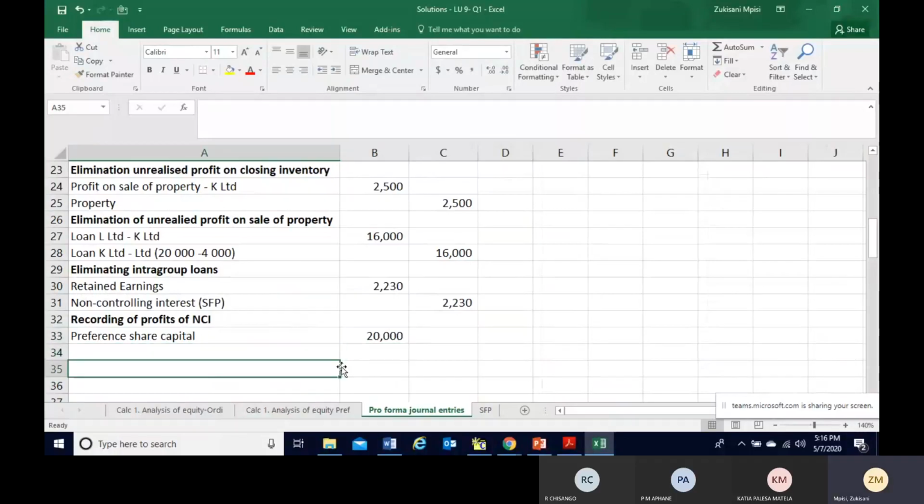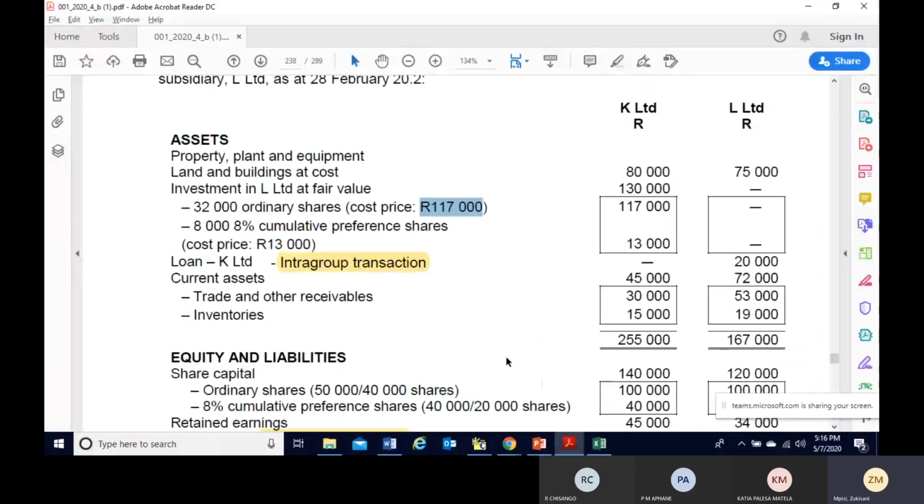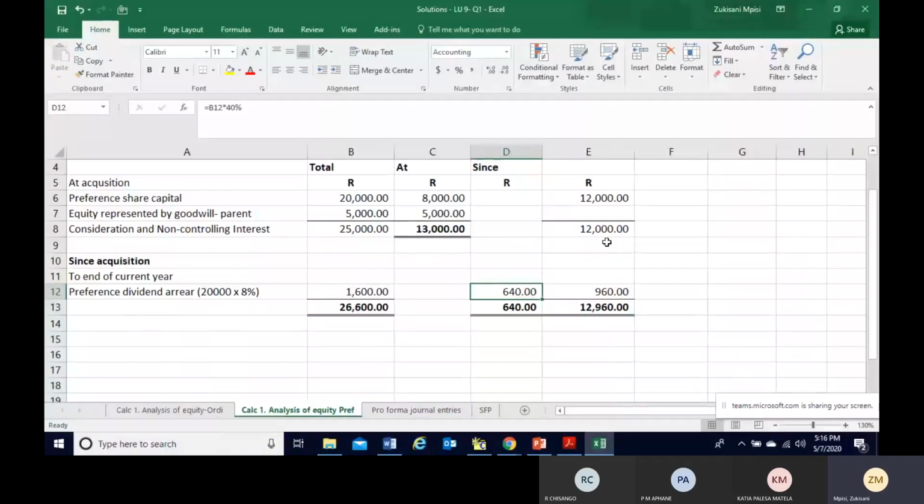And we look at investment in LLTD. The investment was 13,000. This was the cost price, 13,000. And then we look at how much is the non-controlling interest. Non-controlling interest is 12,000.